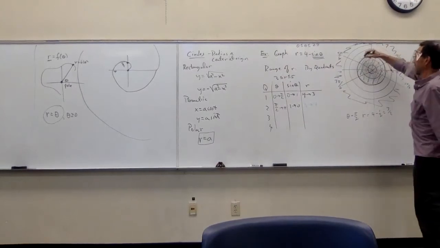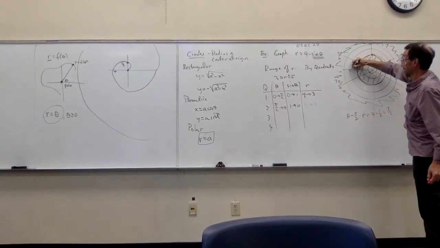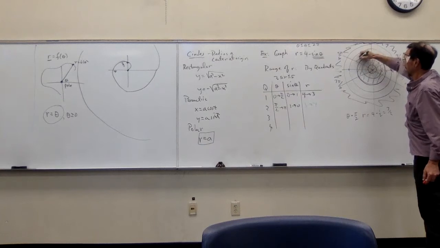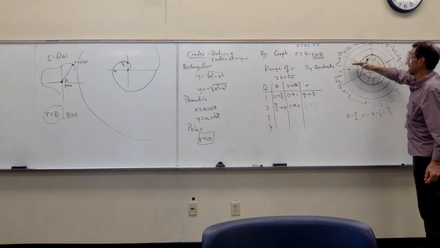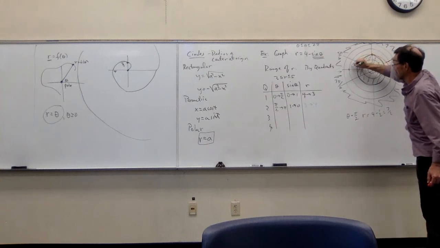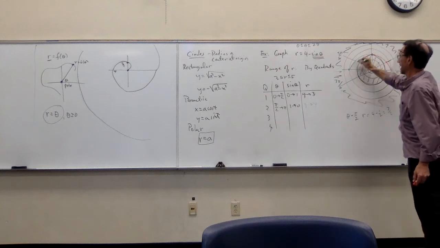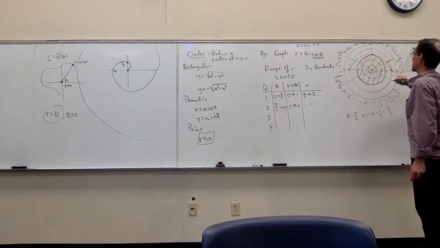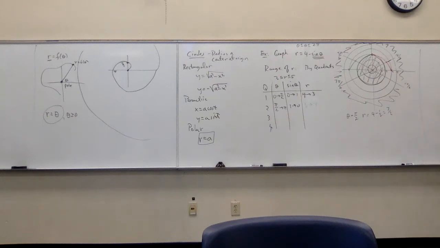And again, there's this halfway point at 5 pi over 6. Sort of like that. Those curves are a mirror reflection across the y-axis. May not look like it, but we know it's true.